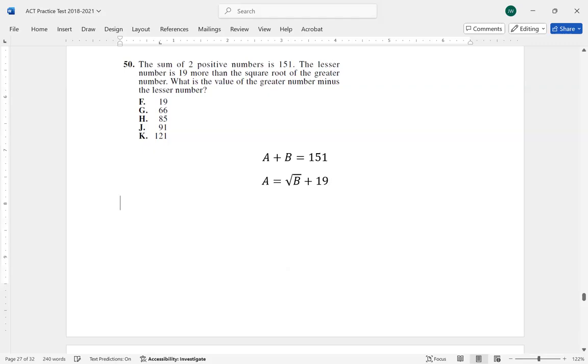So that's what we have for A. And what we can do is replace the A in this equation with square root of B plus 19.